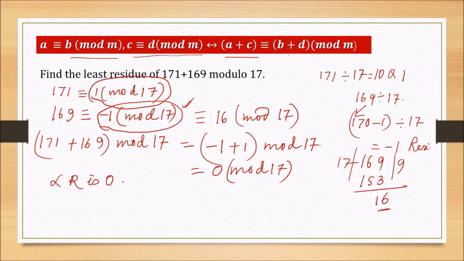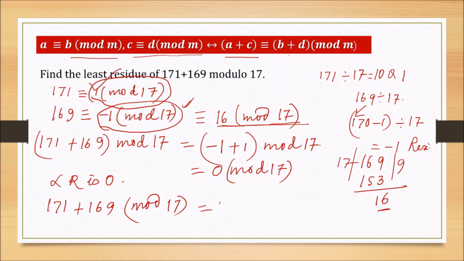Now coming to this one, I could have taken this also. It will be the same. 171 plus 169 modulo 17 is equal to 1 plus 16 modulo 17, that is equal to 17 modulo 17.